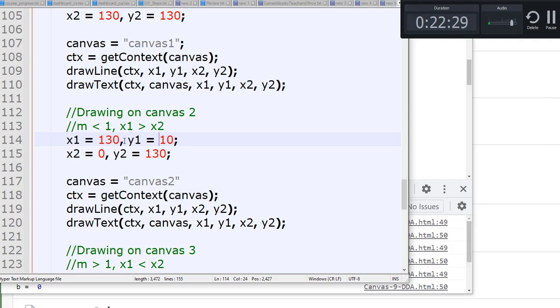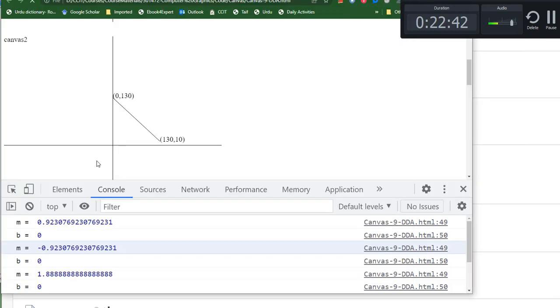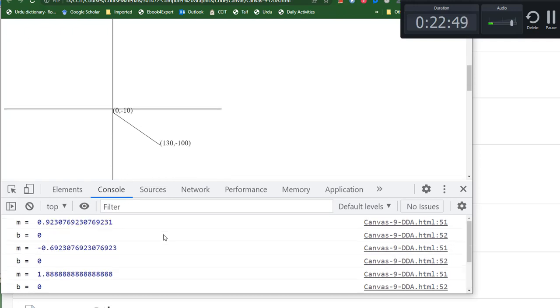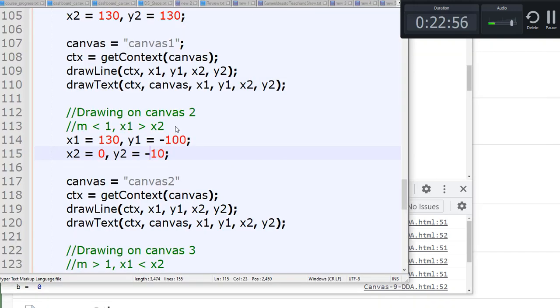I can make the second point minus 100, and minus 10, just for testing. And when I refresh this, it has become like this. 0, minus 10, 130, minus 100. So the second one is, oh, it's still negative.